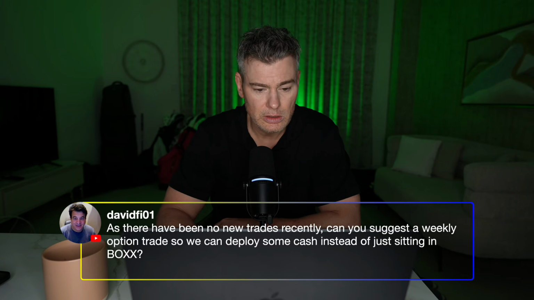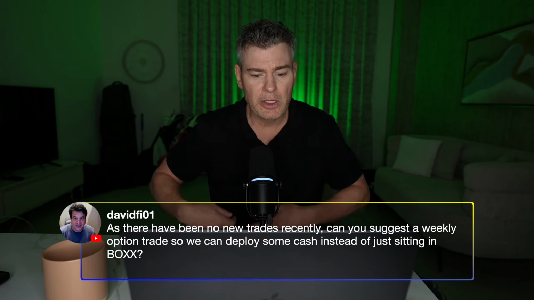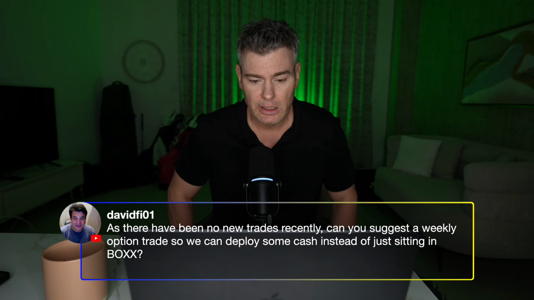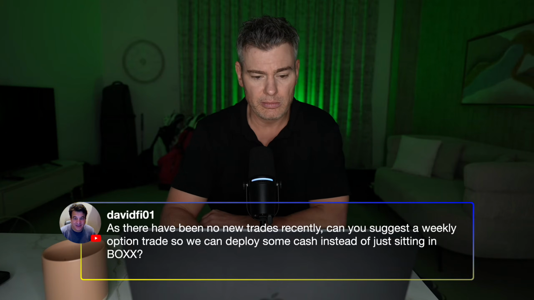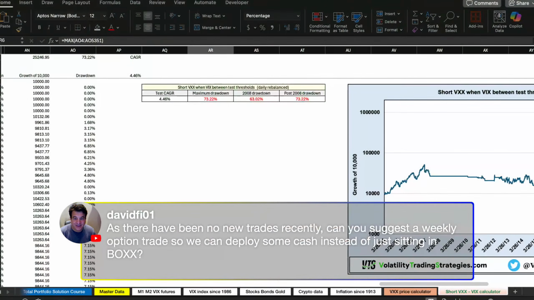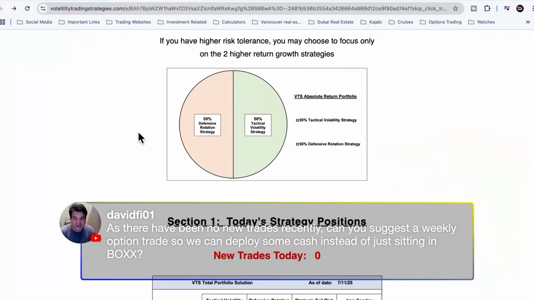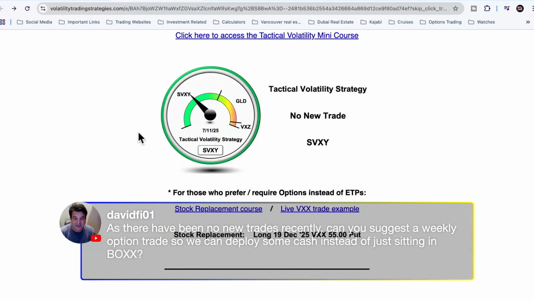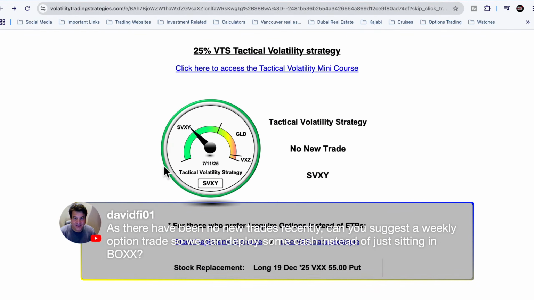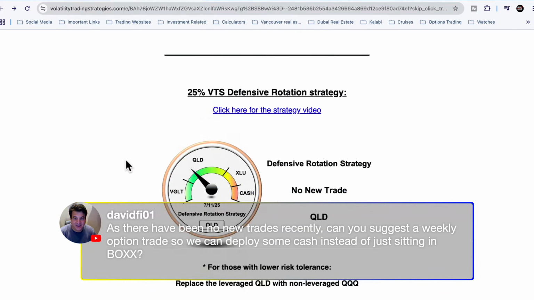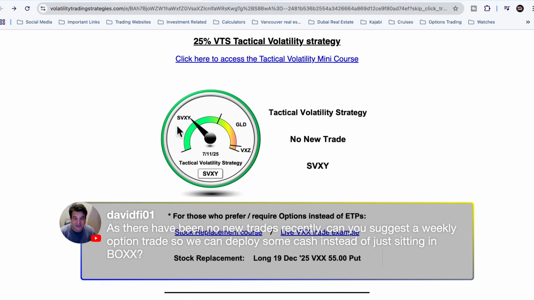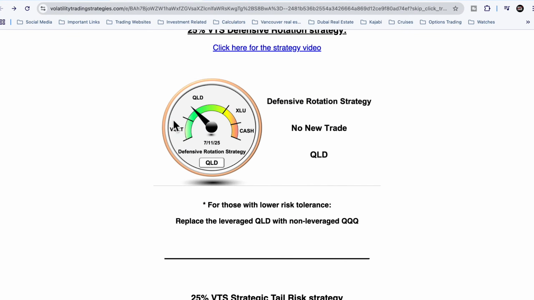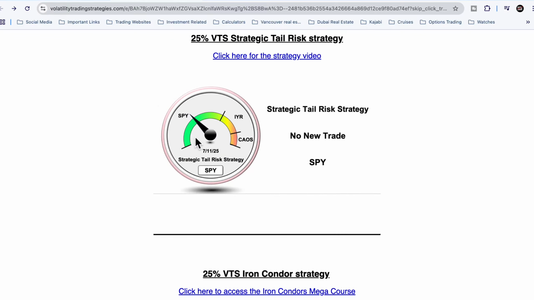Here we go, continuation maybe. As there have been no new trades recently, right? I want to highlight the fact I am not a contrarian investor. There is no reason in the world not to be short volatility for the last little while. We're not going to take any new trades. We're just going to ride the SVXY, be 2 times NASDAQ and in the SPY.